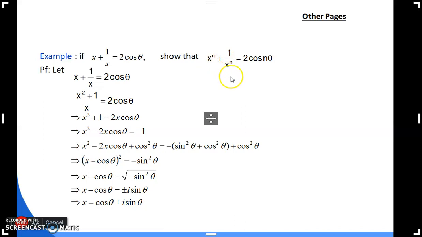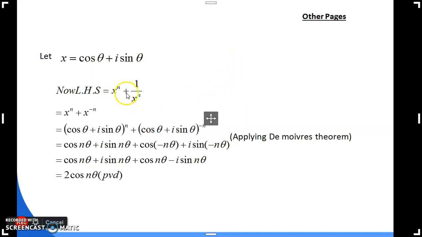So let us take your left hand side, that is x to the power n plus 1 by x to the power n. This can be written as x to the power n plus x to the power minus n. Now x value we are substituting here: (cos theta plus i sin theta) to the power n plus (cos theta plus i sin theta) to the power minus n. Now we apply de Moivre's theorem, that is, theta will be multiplied with n, here theta will be multiplied with minus n. So we write cos n theta plus i sin n theta plus cos minus n theta plus i sin minus n theta.